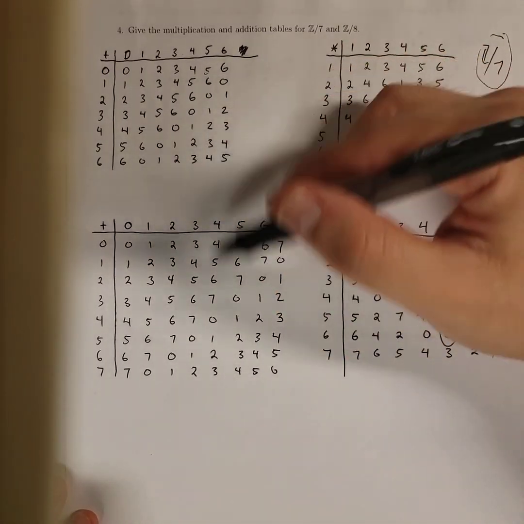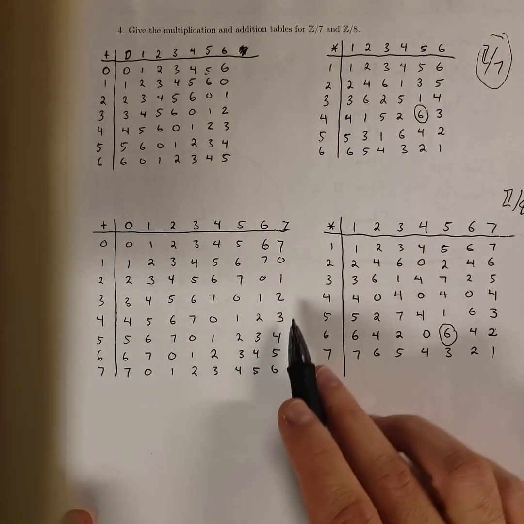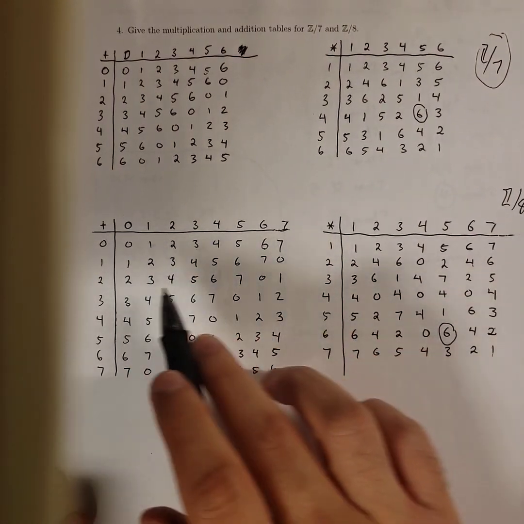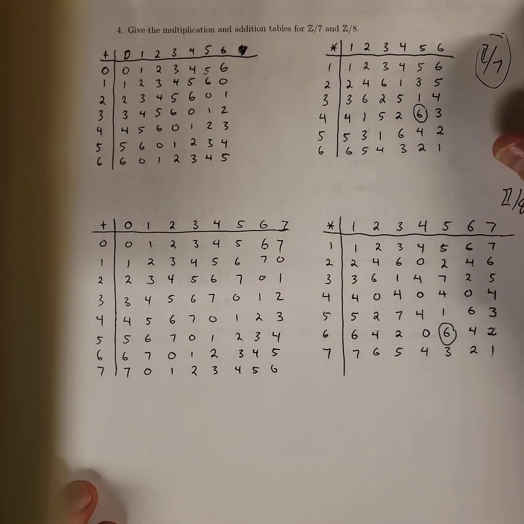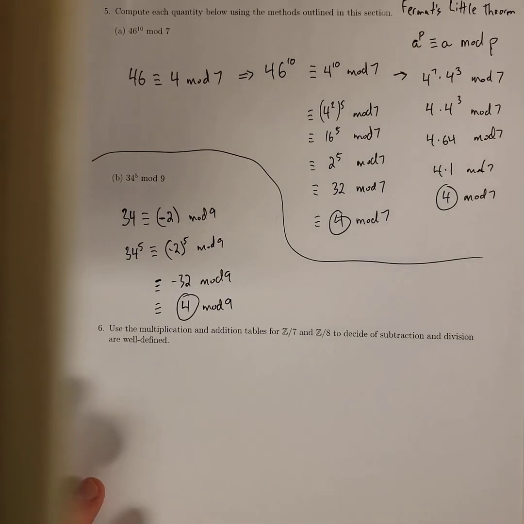So in both of these addition tables, notice each row is just a permutation of the one above it. So there's no duplicates in the row. If there was a duplicate, then there would be no way to go backwards uniquely. And that's what we mean by being well defined. So with addition, you can go backwards uniquely.